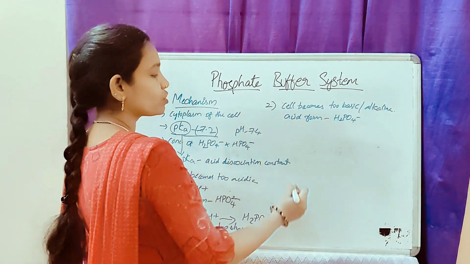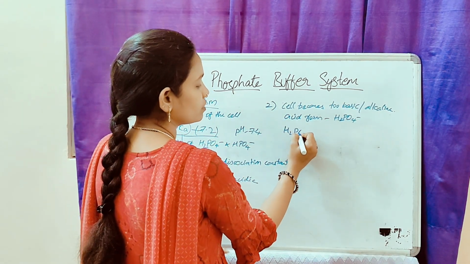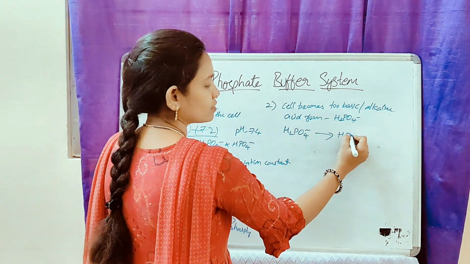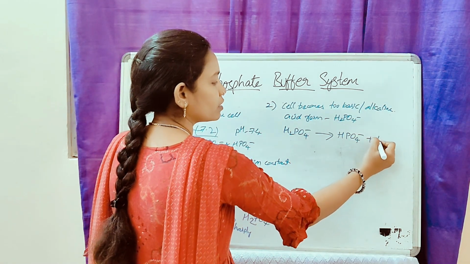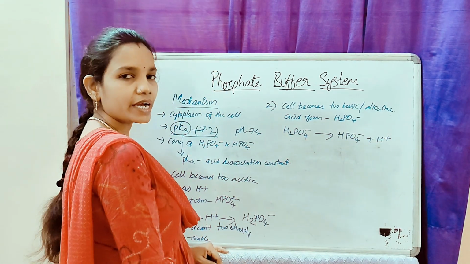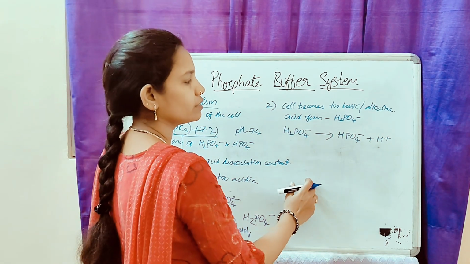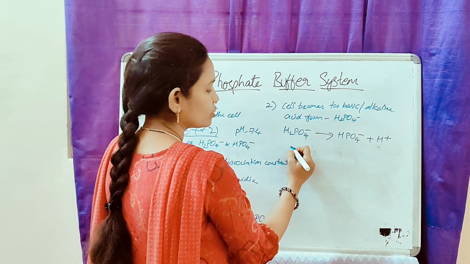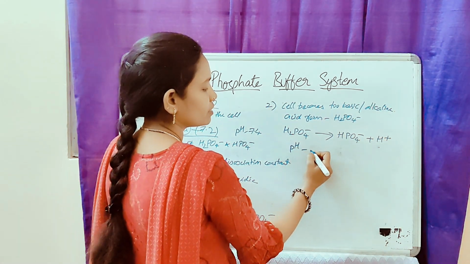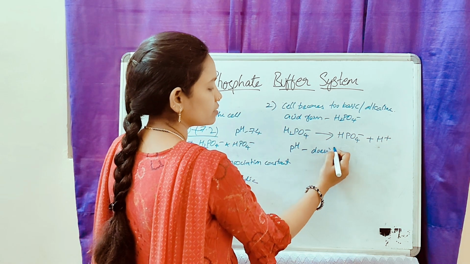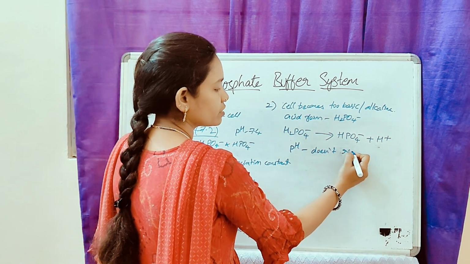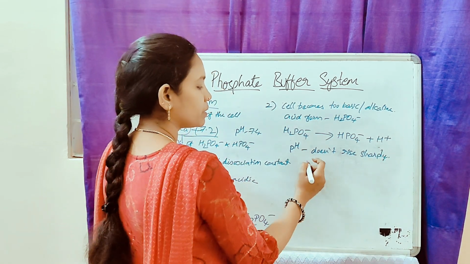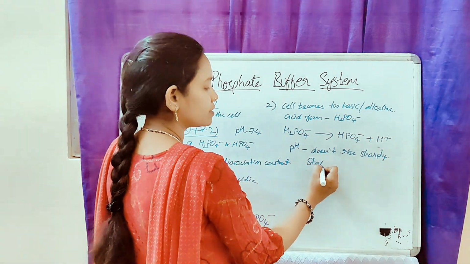Now this dihydrogen phosphate will release protons, or H plus ions, or hydrogen ions, in order to again neutralize the cell. So what will be the result here? The pH doesn't rise sharply, keeping the cell stable.